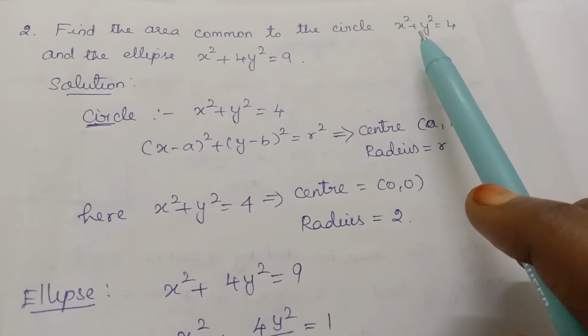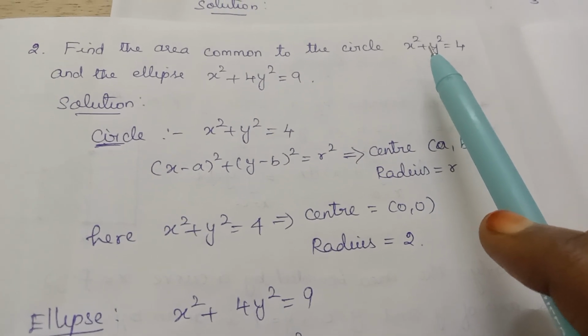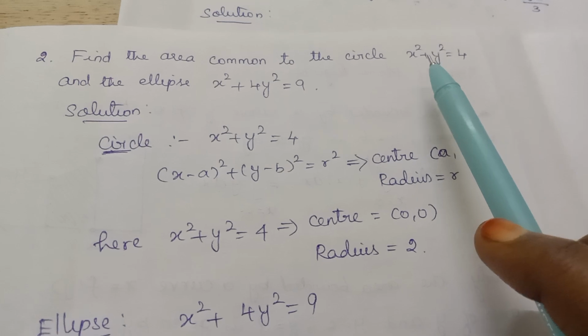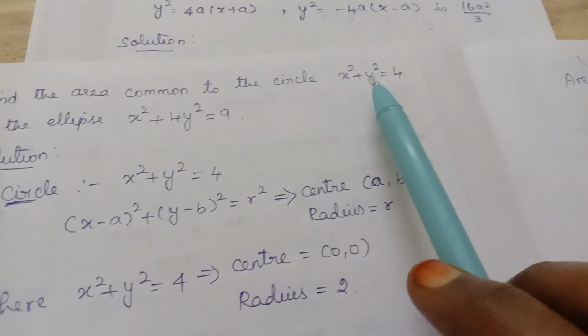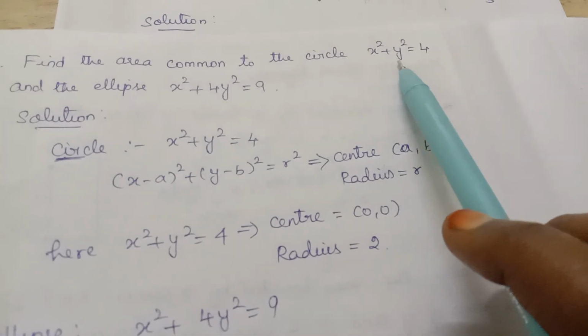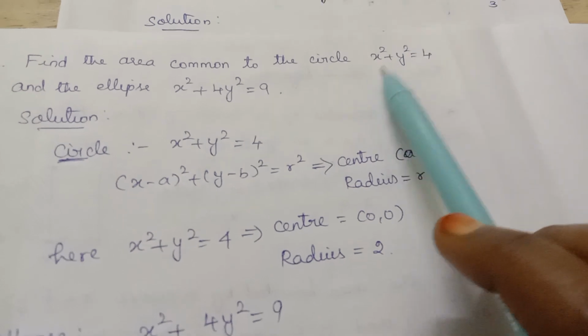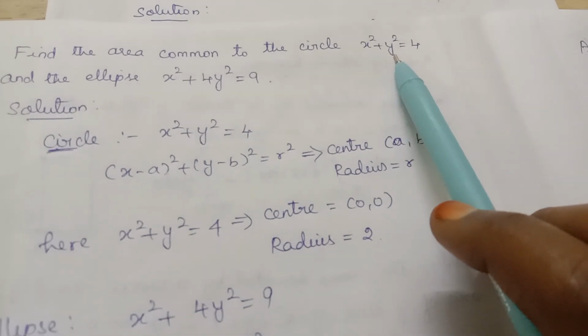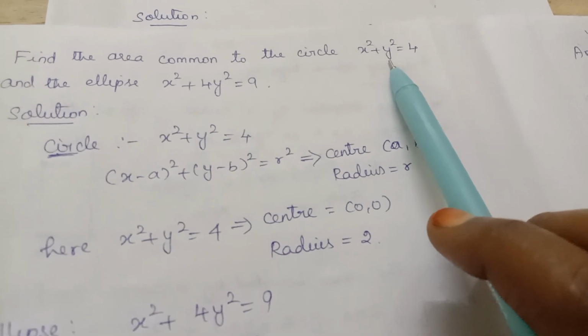First one is it must be a second degree equation. That means x square, y square should be the highest variable powers, right? And then the coefficient of x square and the coefficient of y square should be the same for a circle equation, right? Both the coefficients are equal to 1. And finally, the product xy term should not be there for a circle equation.